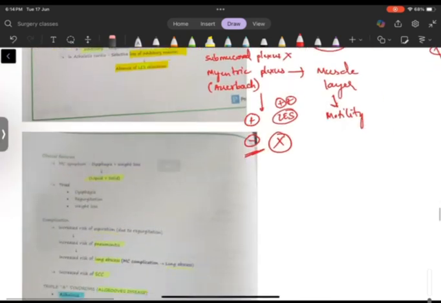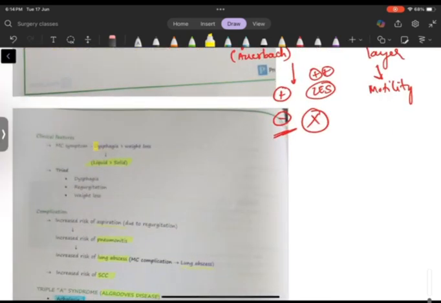So what are the clinical features? Unable to swallow, that is called dysphagia. Since the patient is not consuming enough food, or most of the food is not getting into the stomach and is getting refluxed, he will also experience pain while swallowing, so he will reduce eating food, because of which there will be weight loss. Usually this dysphagia is more for liquid food than solid food.